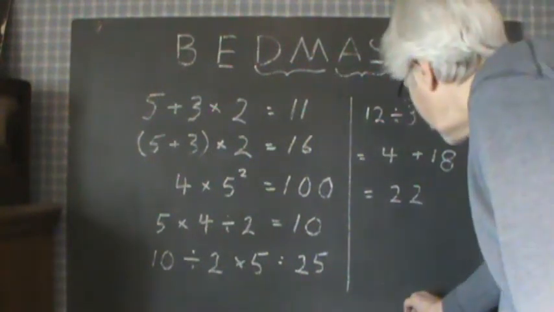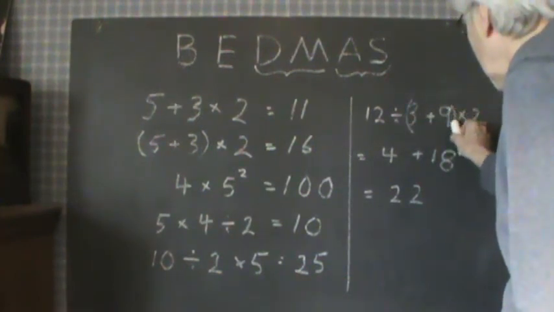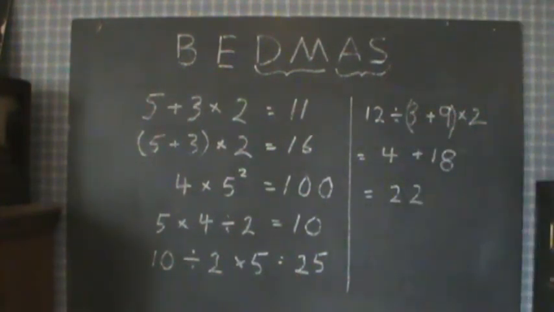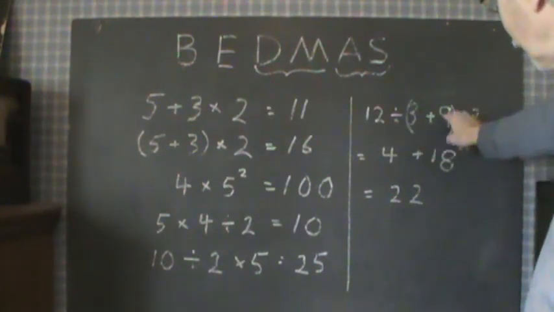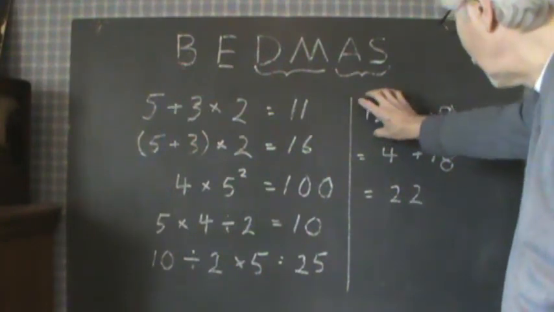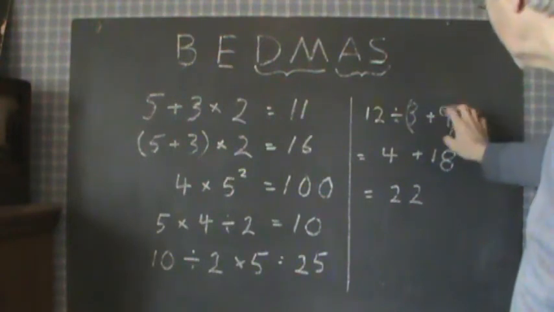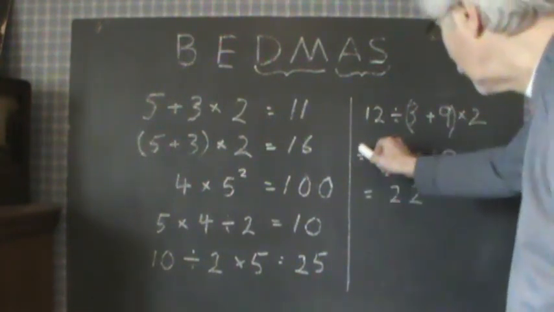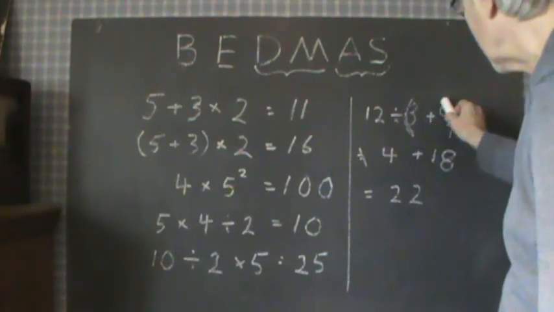If I were to put a bracket here, that would change the whole thing, because then I would have to do what's in the bracket first. This would become a 12, and 12 divided by 12 is 1, times 2 is 2, and this would no longer be okay because I put those brackets in.